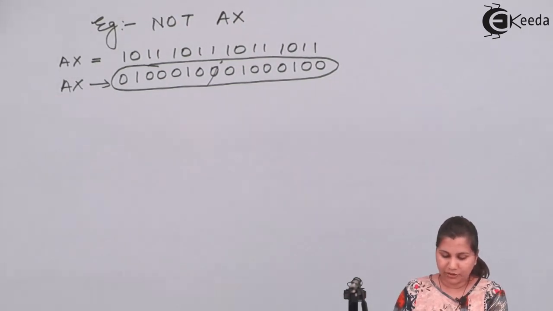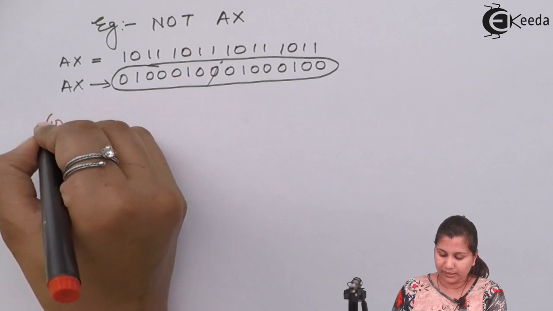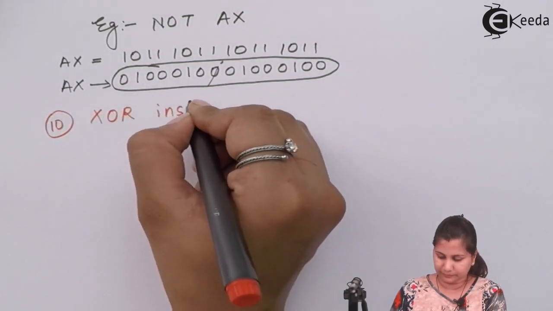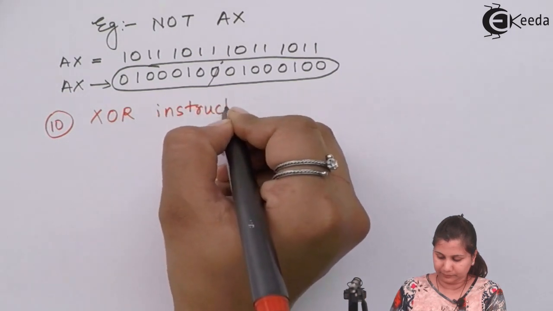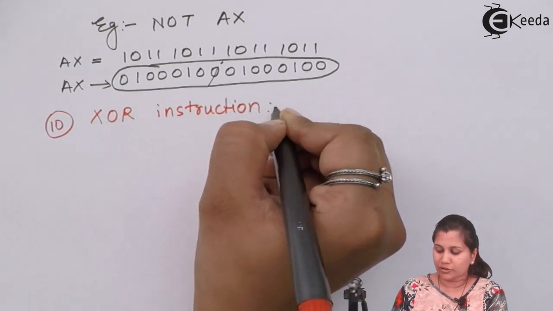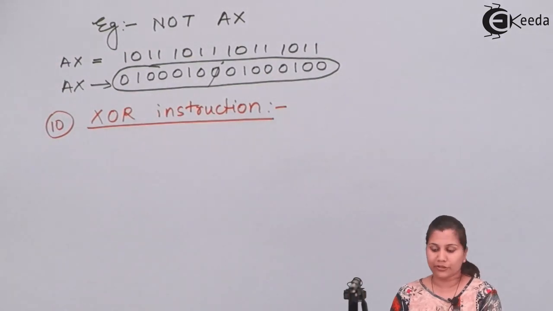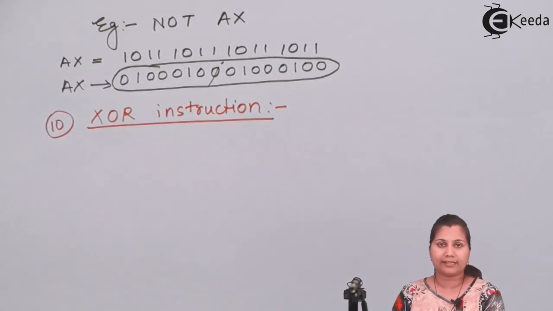Next instruction we have is the XOR instruction. This instruction is going to perform the logical XOR operation between the source and the destination.